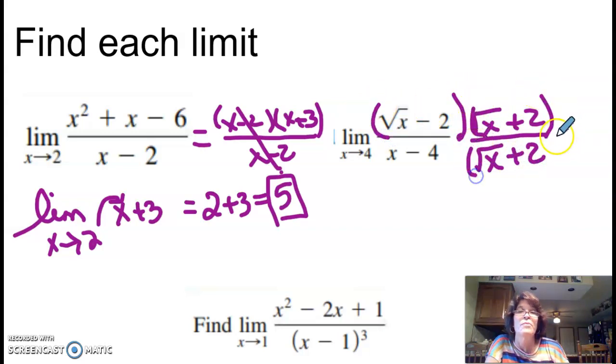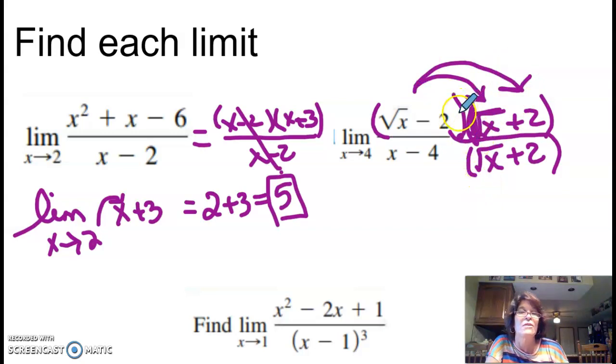Anytime I multiply a fraction by something, I multiply the top and the bottom by the same thing, right? So that I'm really just multiplying by a 1. So I have square root of x plus 2 over square root of x plus 2. When I FOIL the top, I get x plus square root of 2x minus square root of 2x. That cancels, or that adds to 0. And then negative 2 times 2 is 4.